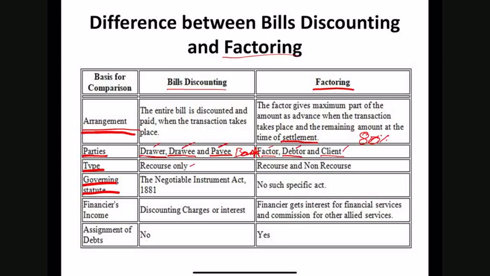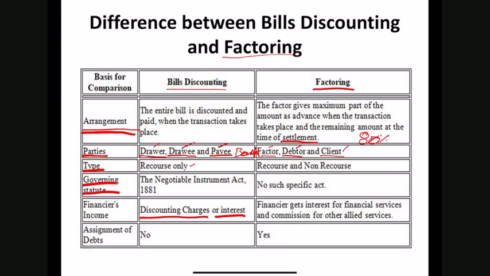Financiers' income. Financiers means the bank or any financial institution which provides services to me in case of bills discounting or factoring. Discounting charges or interest is the financier's income in case of bills discounting.